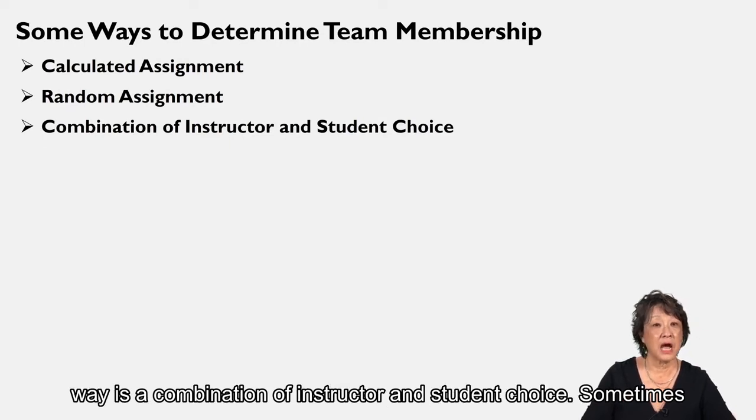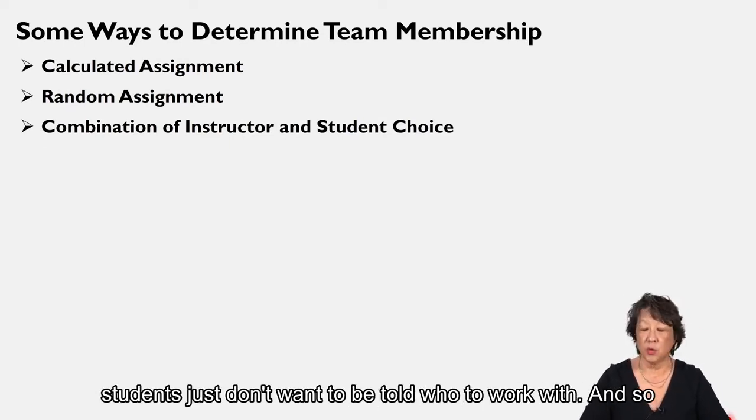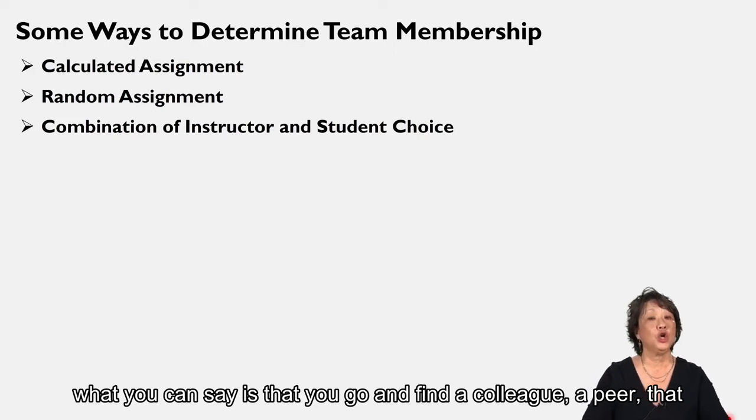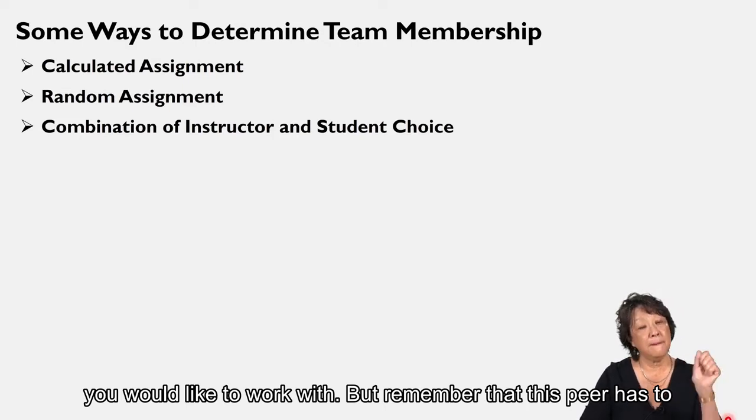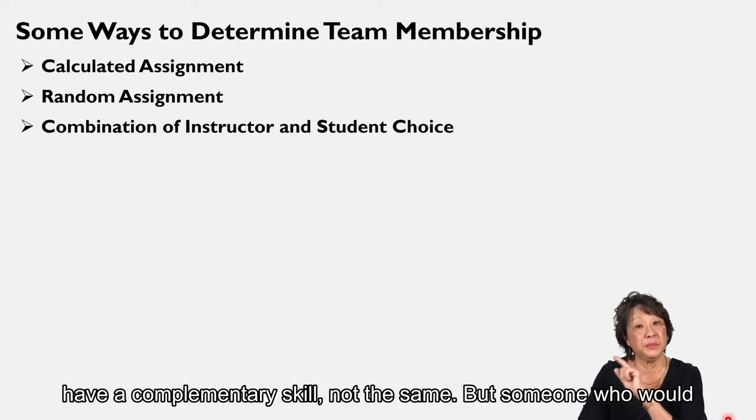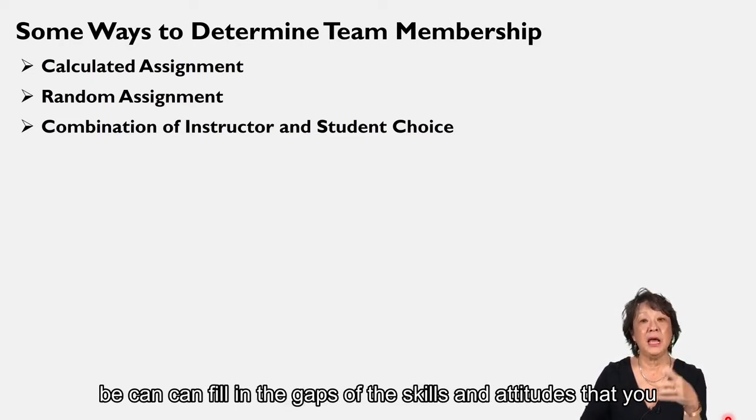Another way is a combination of instructor and student choice. Sometimes students just don't want to be told who to work with. And so what you can say is that you go and find a colleague, a peer, that you would like to work with. But remember that this peer has to have a complementary skill, not the same, but someone who can fill in the gaps of the skills and attitudes that you don't have.